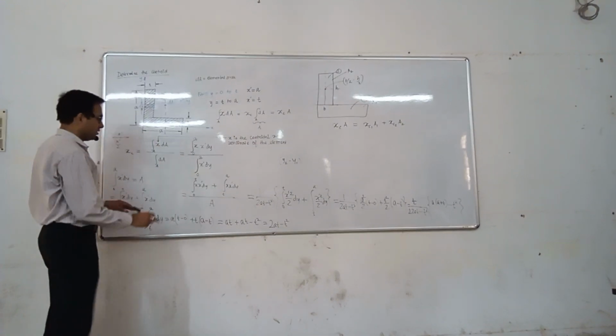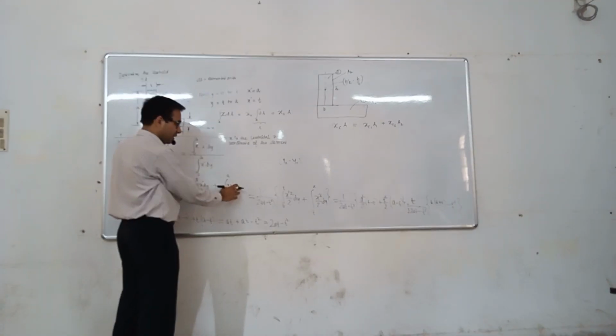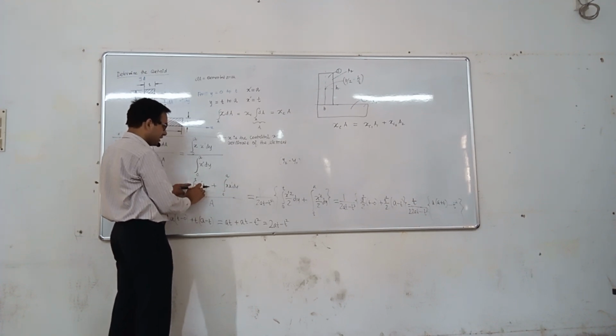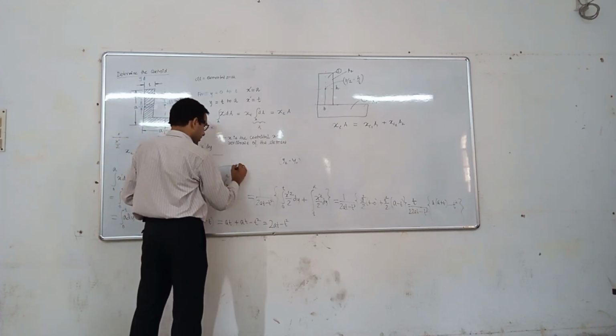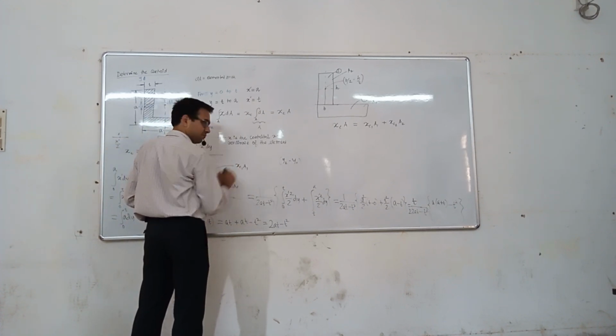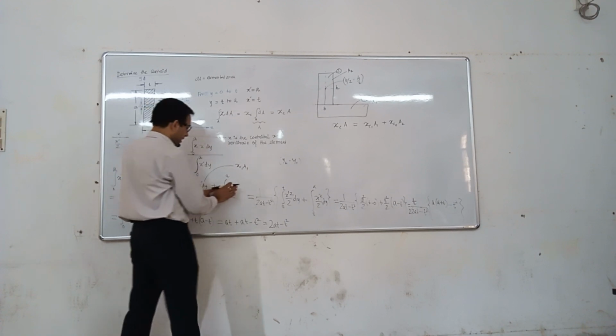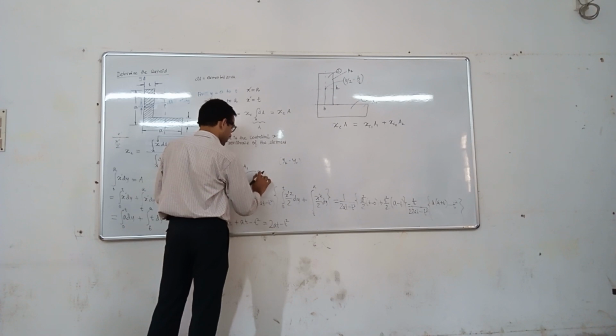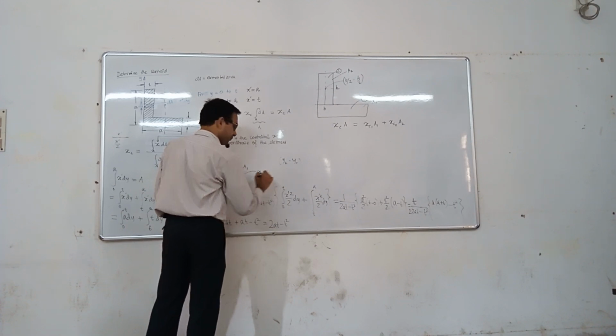You see, from this I can write, if I know the centroidal coordinate of this area, then I can write this as xc1 A1, and I can write this as xc2 A2.